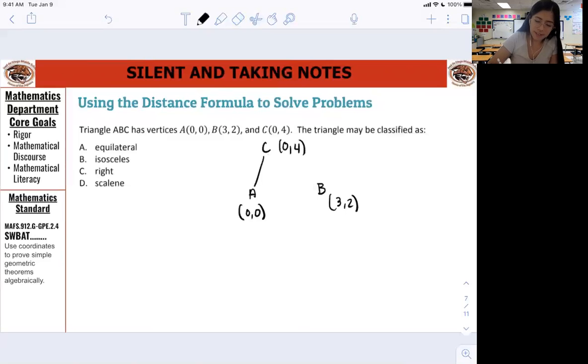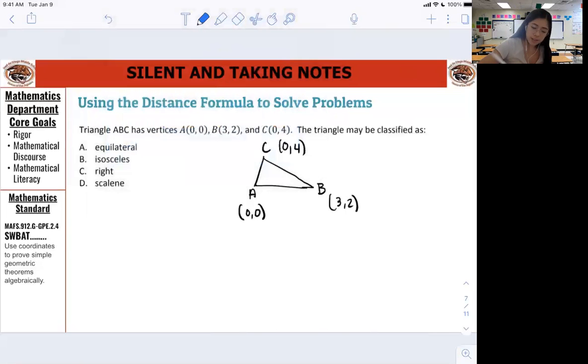Hold on. Okay, I could have drawn that, right? So the way that I drew it doesn't necessarily mean that it's a right angle, but it is always going to be a good idea to check just to be sure, because we don't know. It could be. So we are going to check that, but let's start first by checking the distances. And then with the distances, we can see if it's a right, or see if it's equilateral, isosceles, or scalene.